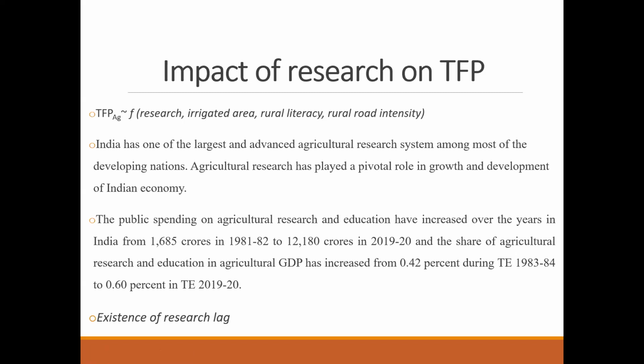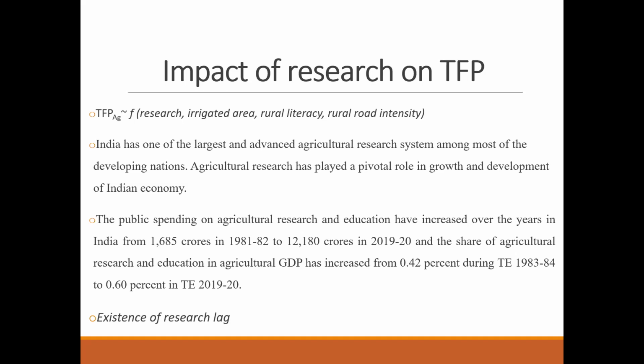Research is one of the most important factors that affect the total factor productivity of the agriculture sector, especially in developing countries, as it is mostly publicly funded. India has one of the largest and most advanced agriculture research systems among developing nations. Agriculture research plays a vital role in the growth and development of the Indian economy.